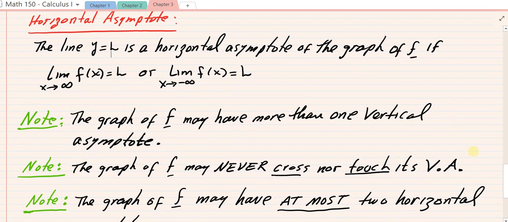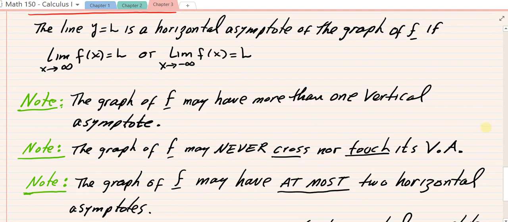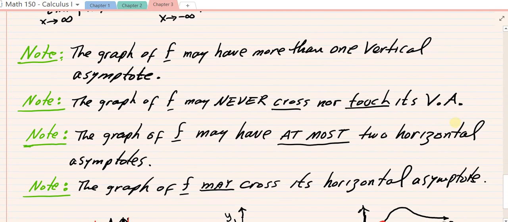The graph of a function may have no more than two horizontal asymptotes. Okay, no more than two. Two is the maximum. We can't have 3, 4, 5 horizontal. We can have 4, 5, 6, 7 vertical, but not horizontal. Because if we did, then we don't have a function. So at most 2 horizontal asymptotes. I'll show you how that can be possible.